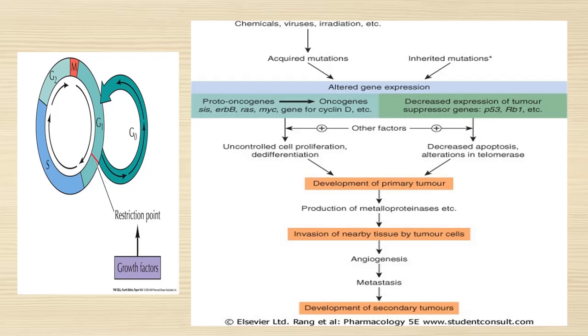This will give rise to uncontrolled cell proliferation, tumor development, and production of vascular growth factors, and the involvement of metalloproteinases, angiogenesis, telomerase enzymes, etc., leading to tumor growth, invasion, metastasis, finally leading to a condition called cancer.